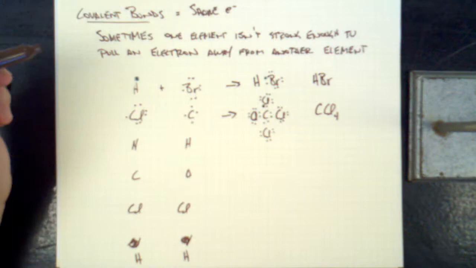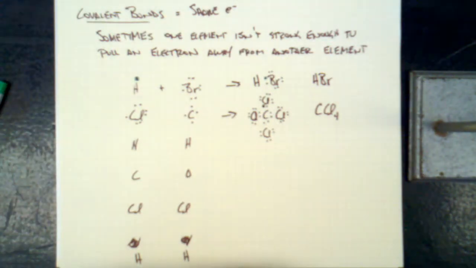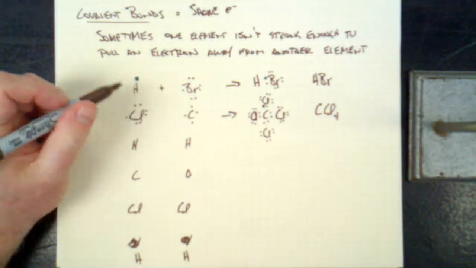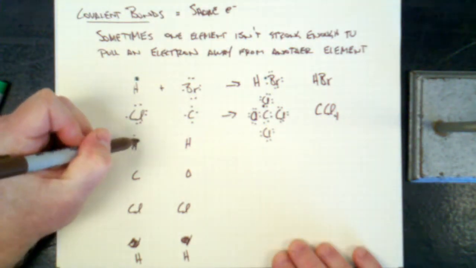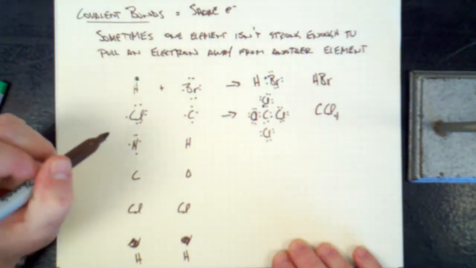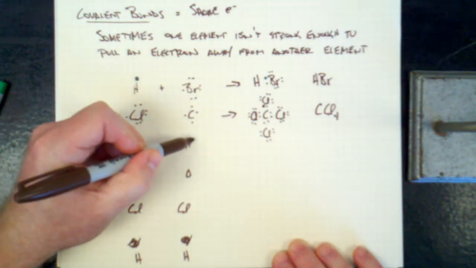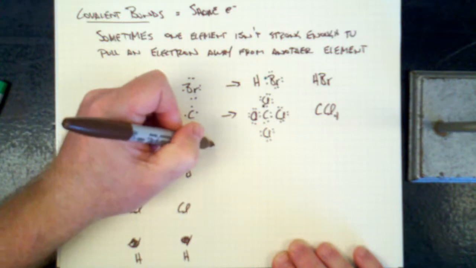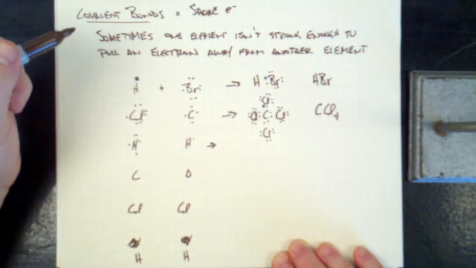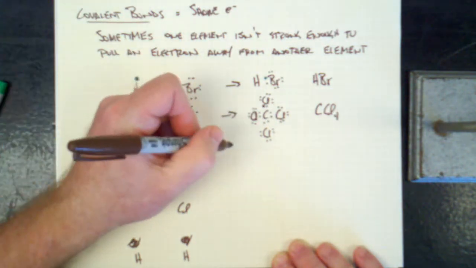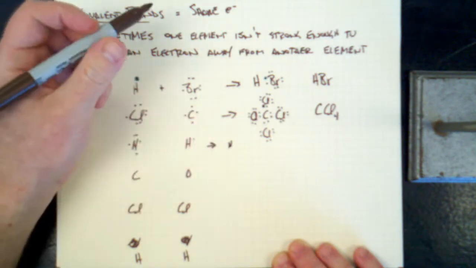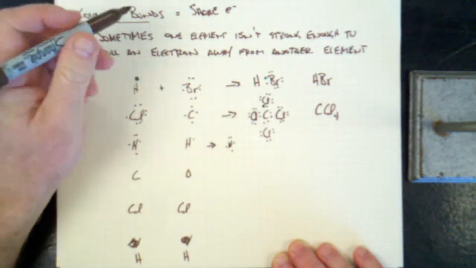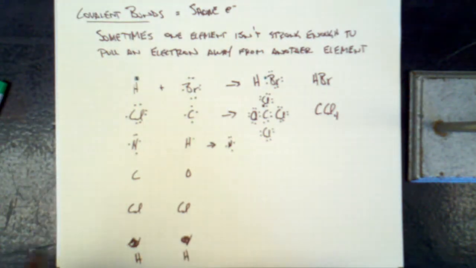Let's take a look at this one here. Nitrogen is in column 15, so it's got 1, 2, 3, 4, 5 valence electrons. Hydrogen, we know, is a 1, so it's just got 1. But we can do the same thing that we did with the carbon. The nitrogen goes in the middle, and now we take the hydrogens and fill them in.